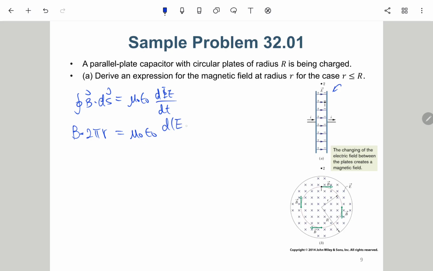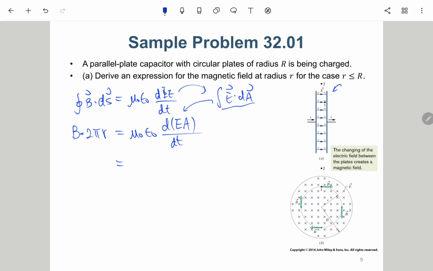So it turns out to be E times A. Originally, this thing should be an integral over a surface, with no circle on the integration sign since it's not a closed surface, but it turns out to be E times A, and then d/dt.